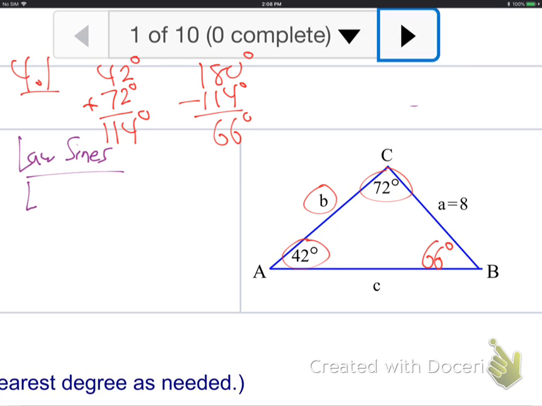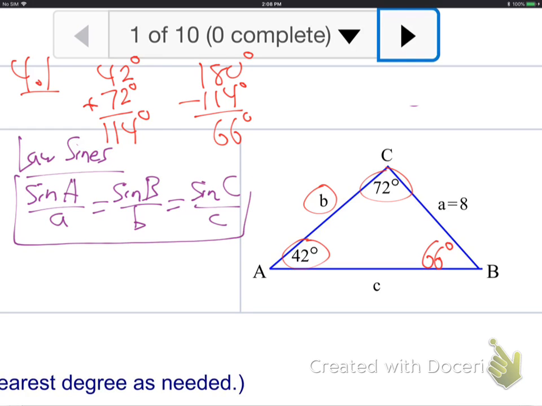It says that the sine of any angle, like the sine of A over A, is equal to the sine of B over B, is equal to the sine of C over C. The ratio of the sine of an angle and the side across from it is consistent and equal in any triangle. That's the law of sines.